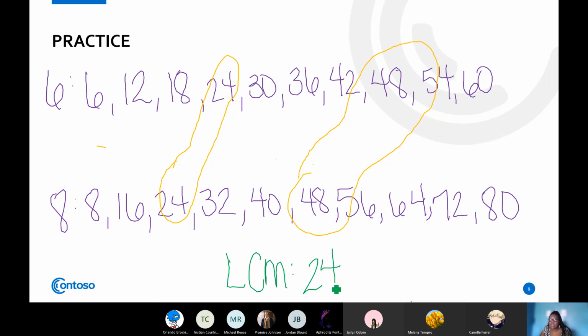So in the practice problems that you'll do today, not only will you list the multiples for each number, you're also going to have to identify the common multiples between each number, and then you'll have to tell me the least common multiple. I want to take you through those steps to make sure you're not making any mistakes: identify all multiples, identify common multiples, and then find that least common multiple. Okay?